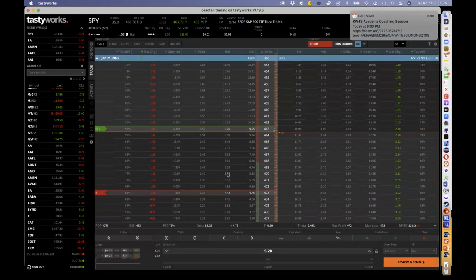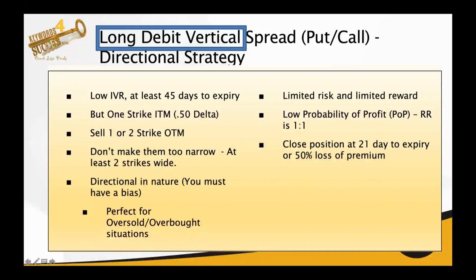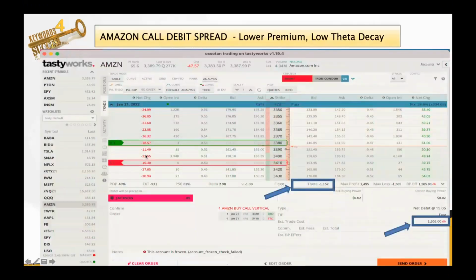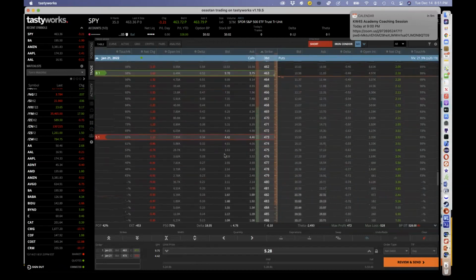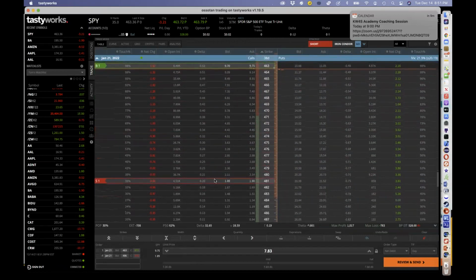That's why I said here, don't make them too narrow. Because SPY is very liquid, it's a dollar per strike. So you go 10 out, or 20 out. It's up to you how much you're willing to bet, and then how much you make.